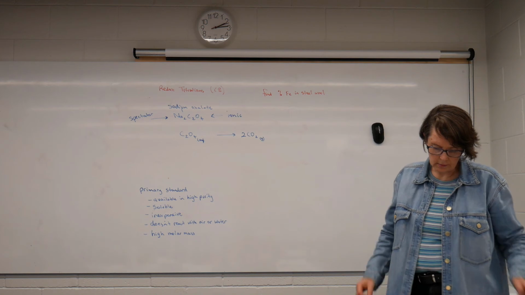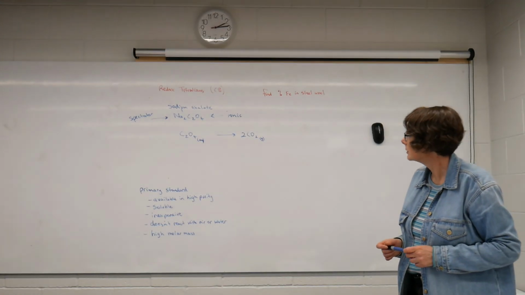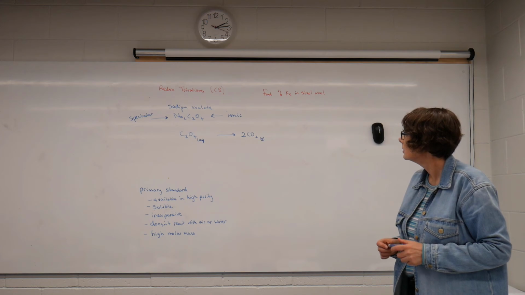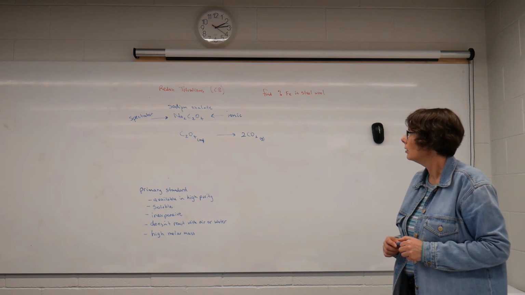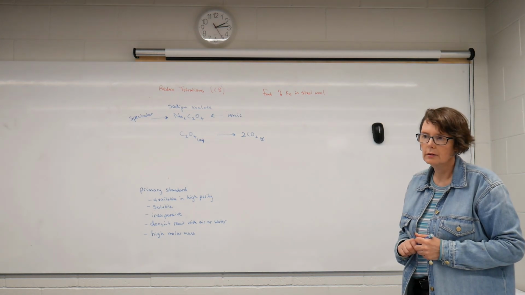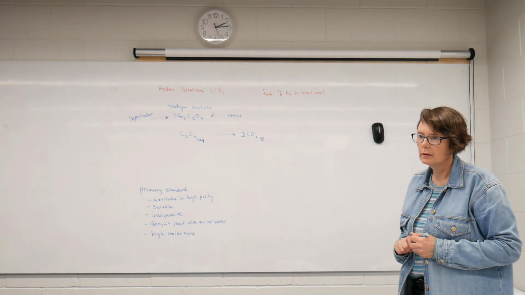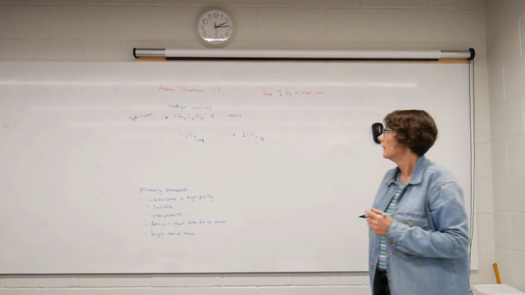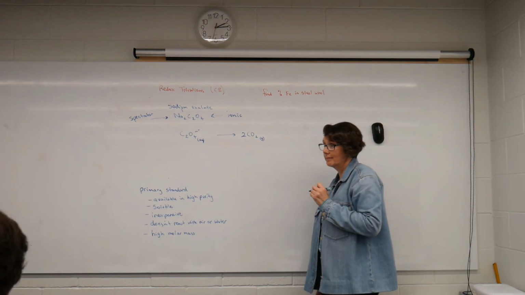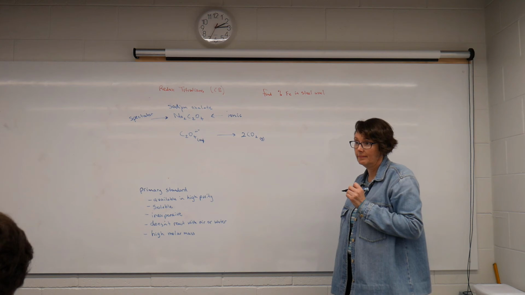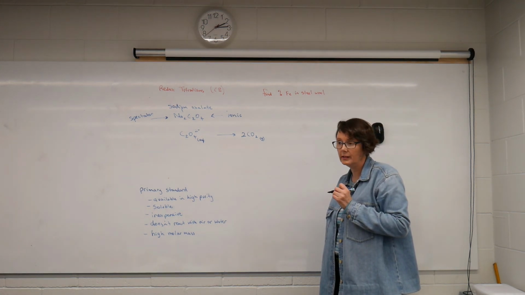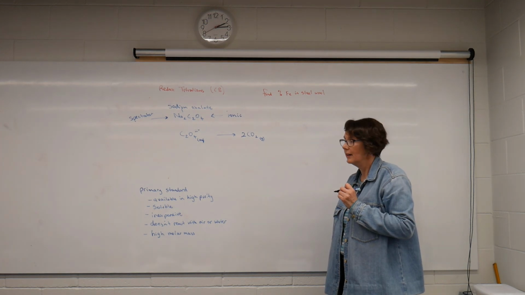Now I've got one thing missing up there. What is it? Electrons. Well, that balances the charge. Where does the charge go? Is it 2 negative? So now, where do our electrons go? On the right.